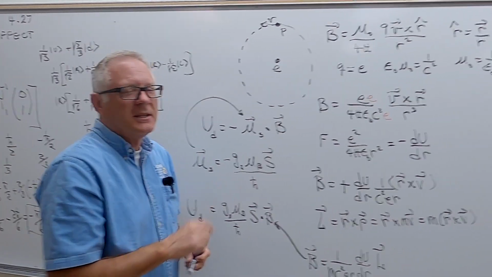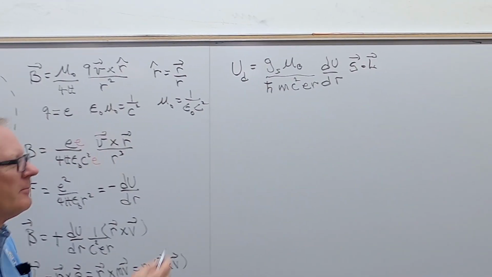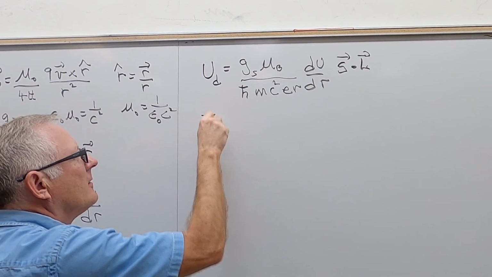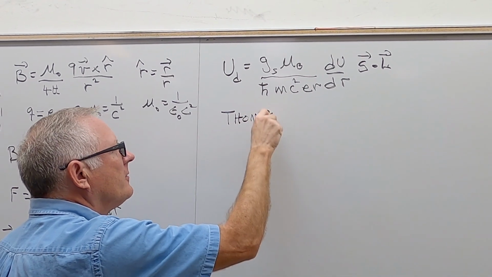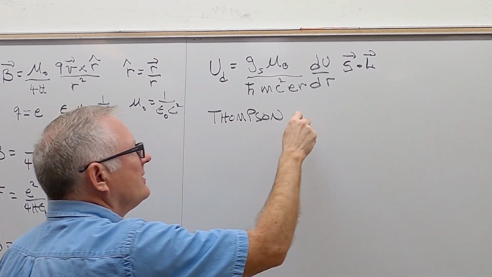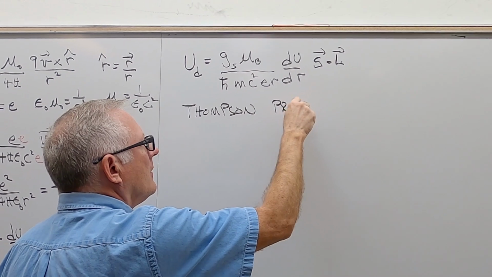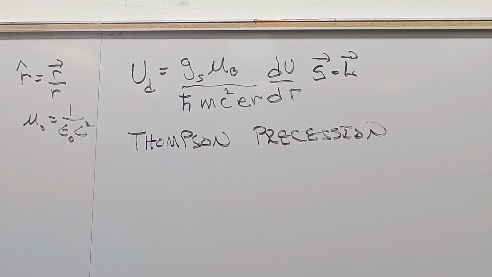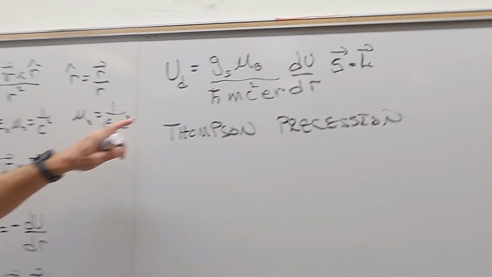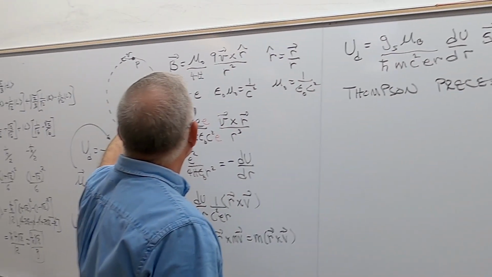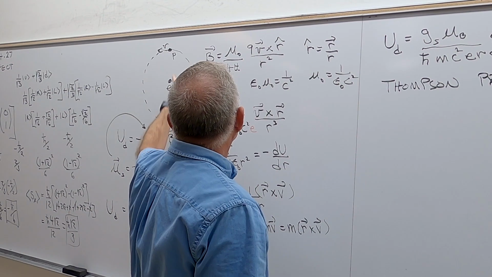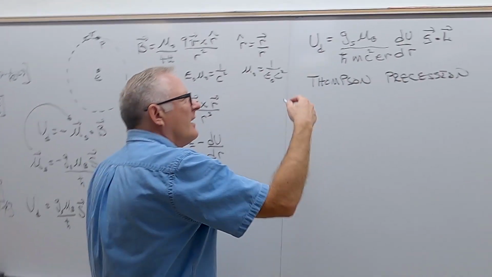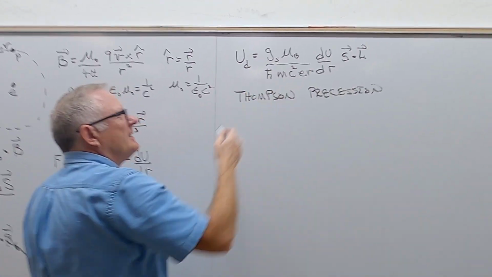It puts a 2 in the denominator. It's something called the Thomson precession. You can look that up. All it's going to do is go from the electron's frame to the proton's frame. And all it does is divide this by 2.